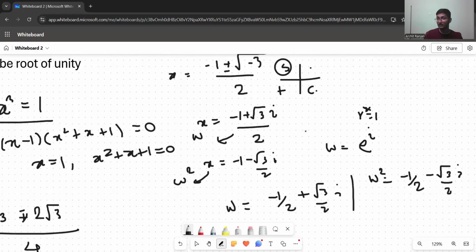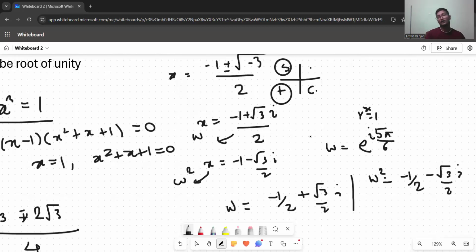So we'll have theta as pi by 3 plus pi by 2, that is 5 pi by 6. Then similarly for omega square, you can find the values where both sine and cos are negative.